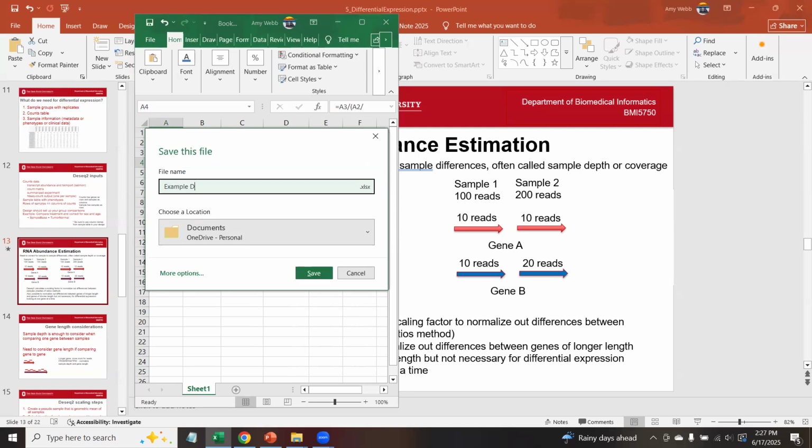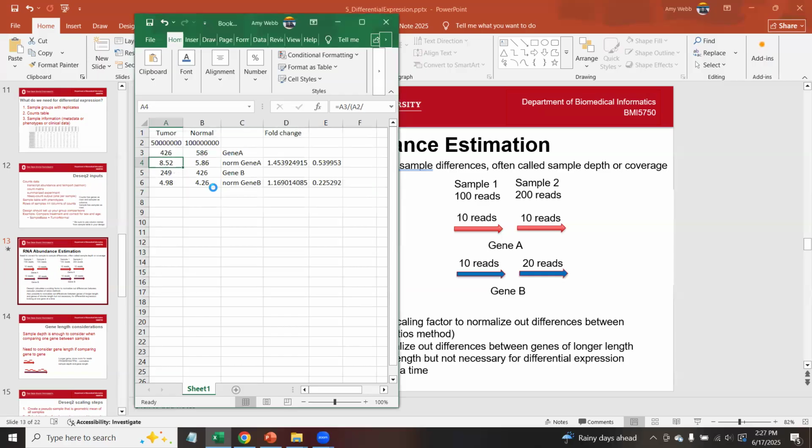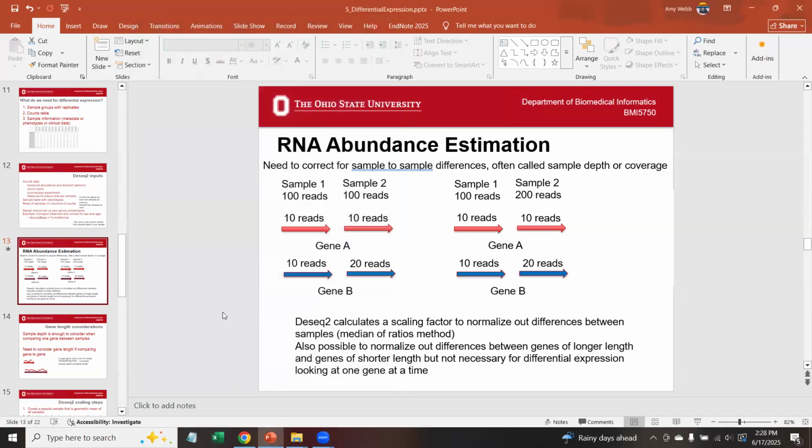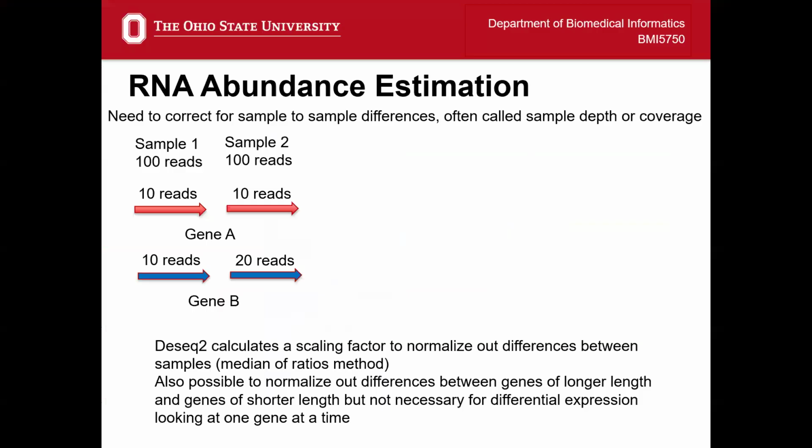Sample Diff expression. So here we normalized our expression and we calculated a fold change. What DESeq2 does for this normalization is a little more sophisticated, but it's sort of the same idea. It calculates a scaling factor to normalize out the differences between samples.